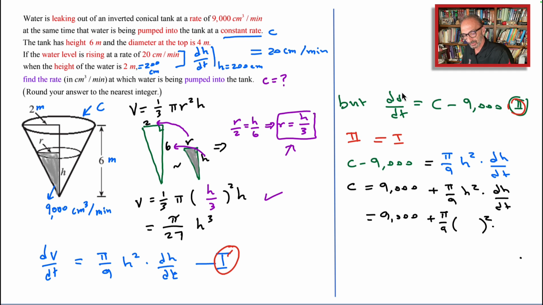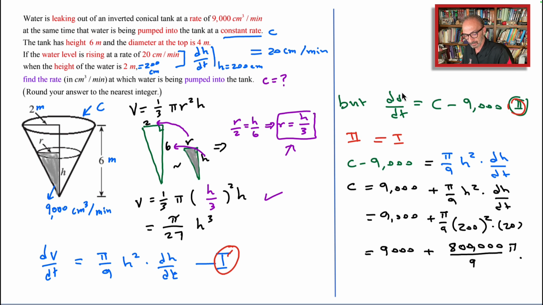H is 200. When the height is 200, dh dt is 20. Simplifying, I have 9,000 plus 800,000 divided by 9 pi.